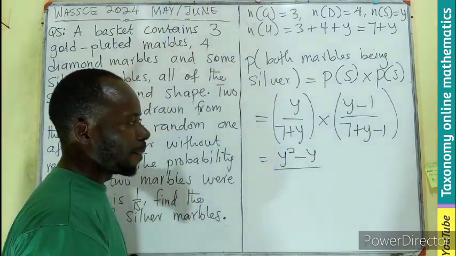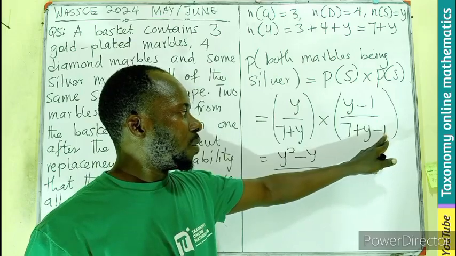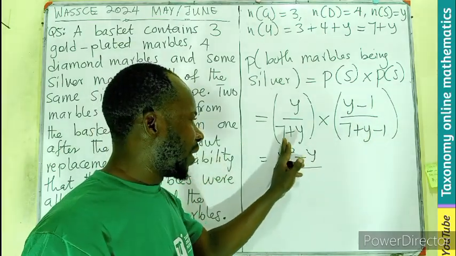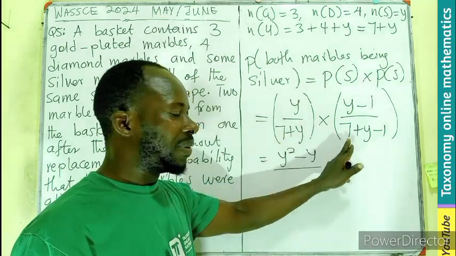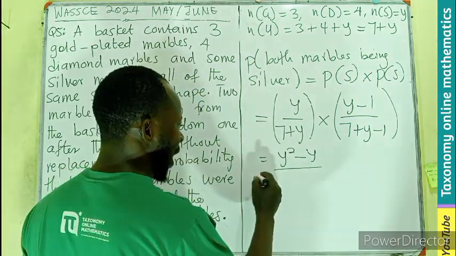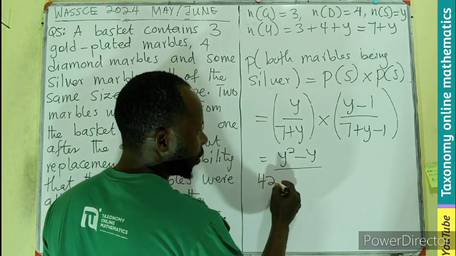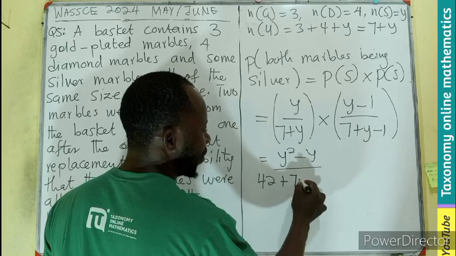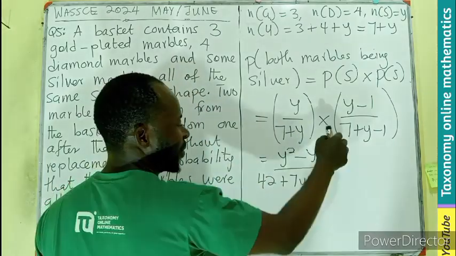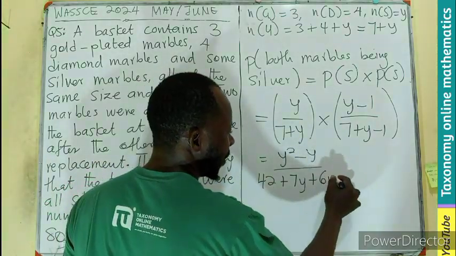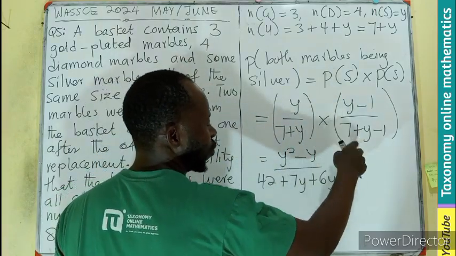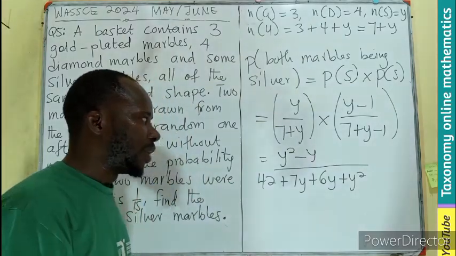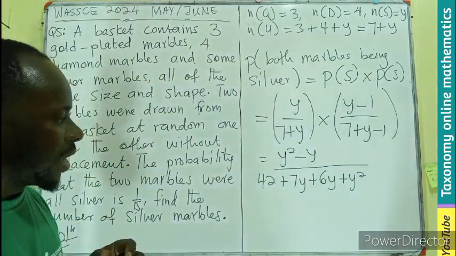For the denominator, 1 subtracts from the 7, making it 6, so we have 7 times 6, which is 42, then plus 7 times y, that is 7y, plus y times 6, 6y, and y times y gives y squared. This is what we get on the right side of the equation.